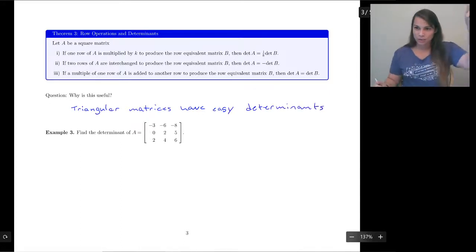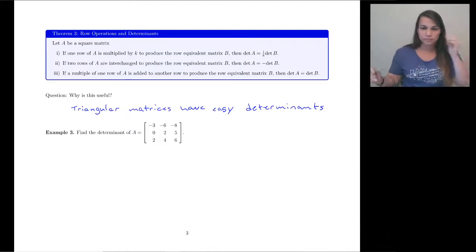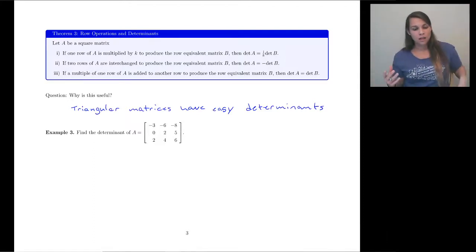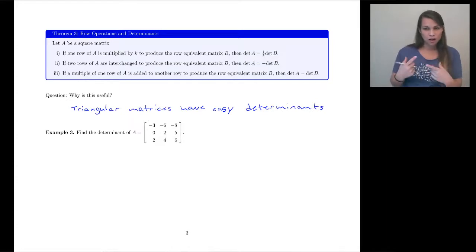Right? Because you just take the product along the diagonal and you're done. So what if we used a combination of doing some row reductions and then we took the determinant to try and make things a little bit easier?